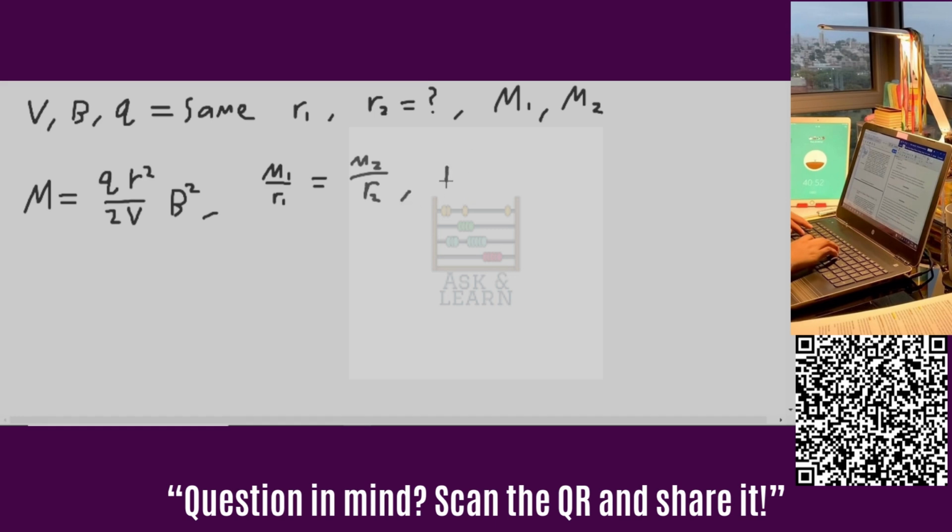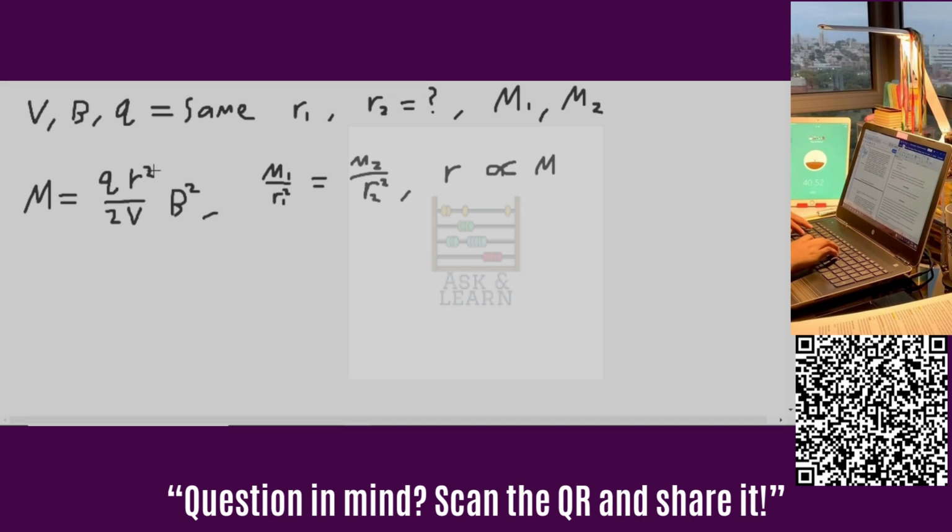So R is proportional to M. And that being the case, if we were to move this R squared, you could write this as R squared as well. It doesn't change the ratio because this is a ratio.